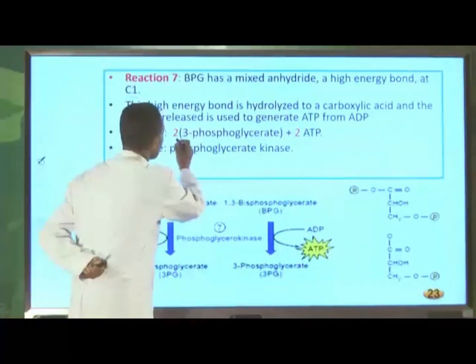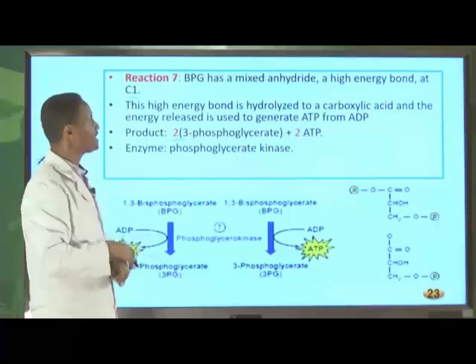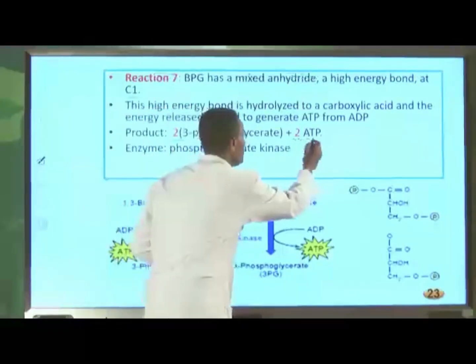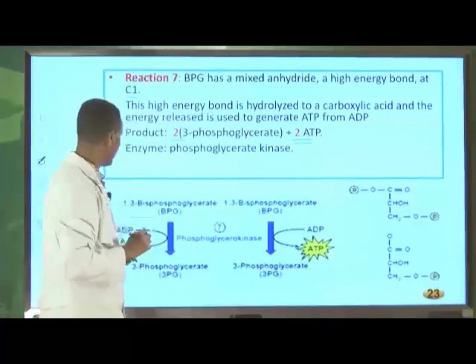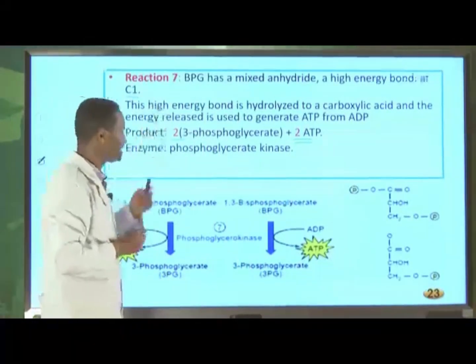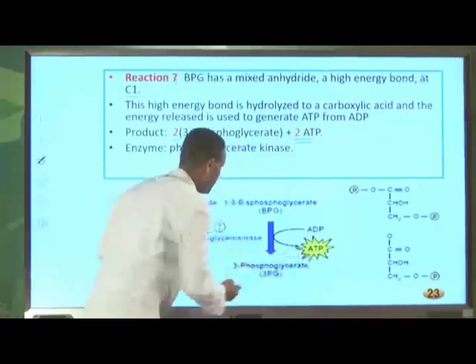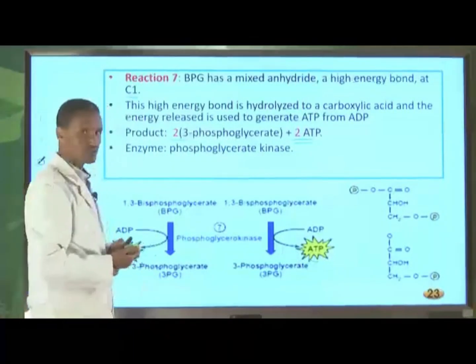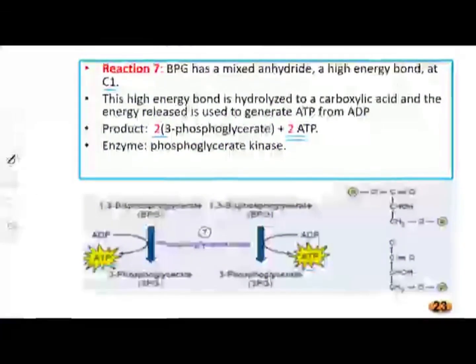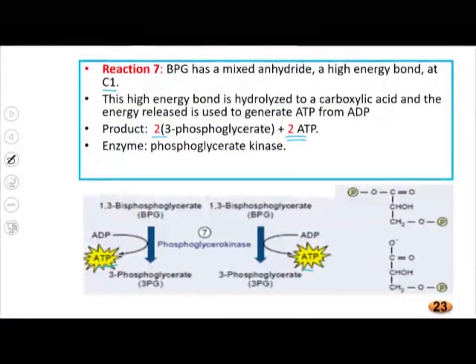And finally, it produces 2 molecules of 3-phosphoglycerate and 2 molecules of ATP. Now, at this stage, in reaction 7, 2 molecules of ATP are gained. In the process, another compound is formed, which is 2 molecules of 3-phosphoglycerate.